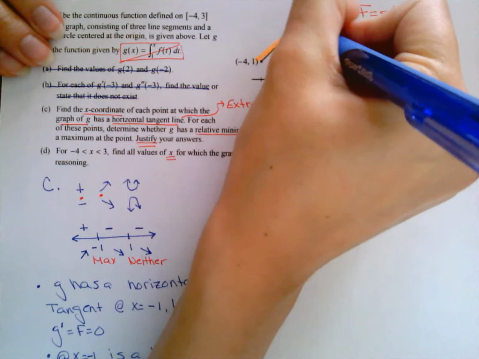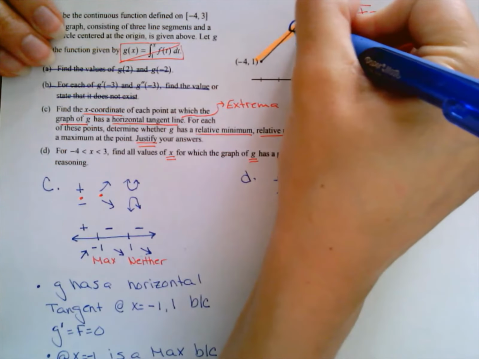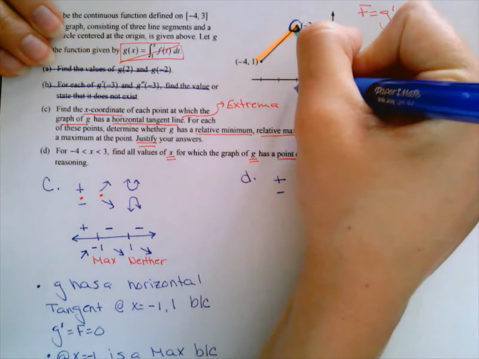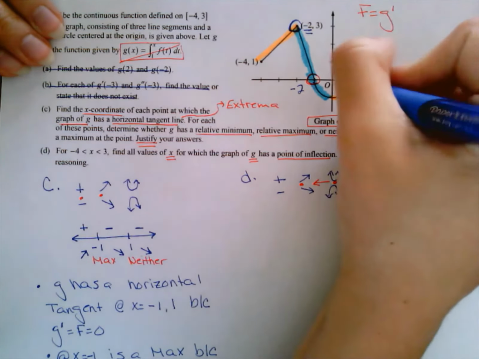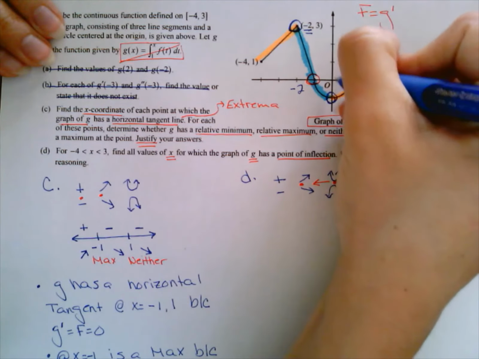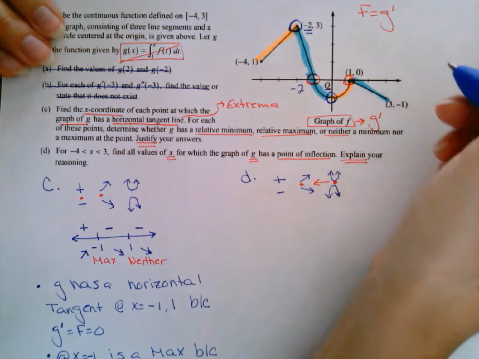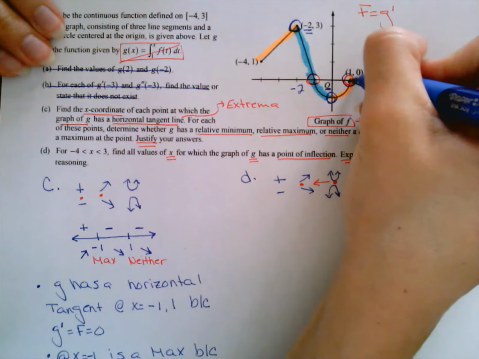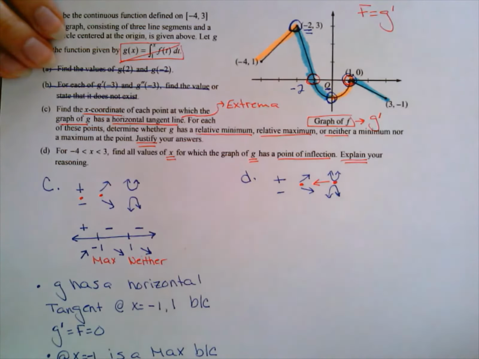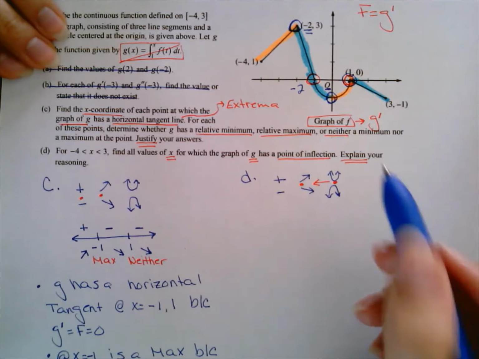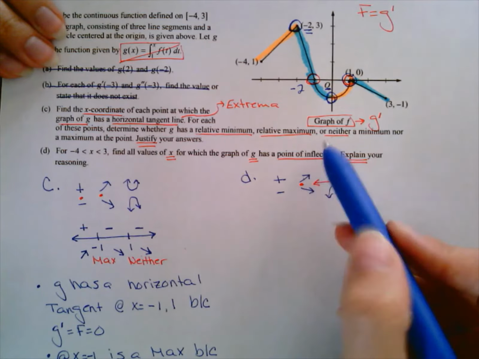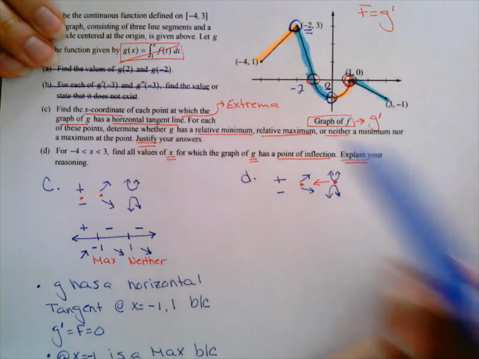So here's the first time I switch, and that x value, you can see it here, and you can also see it down here, is at -2. Then right here, which is at 0. And then right here, which is at 1, okay? So again, there's a change in increase and decrease, also known as maximum and minimums.